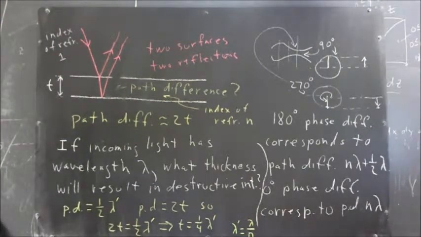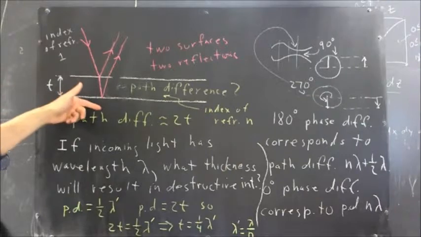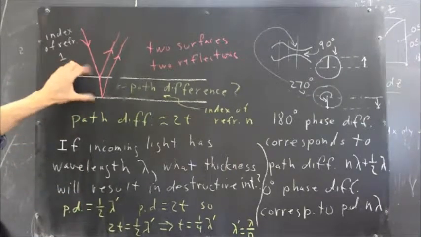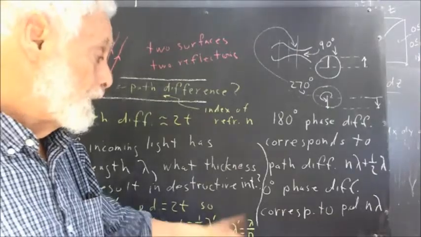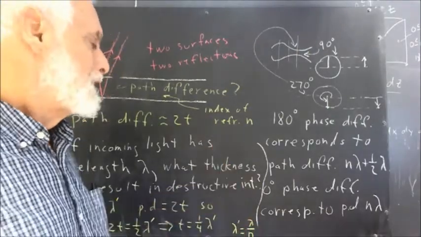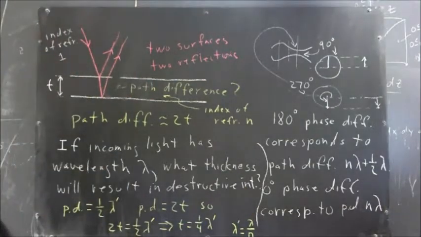Okay, under these conditions, index of refraction 1 here, index of refraction n here, light slows down, which means that the wavelength is going to decrease. The new wavelength will be 1/n times the original wavelength.